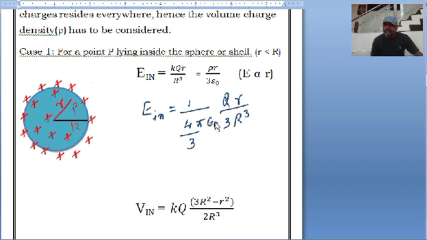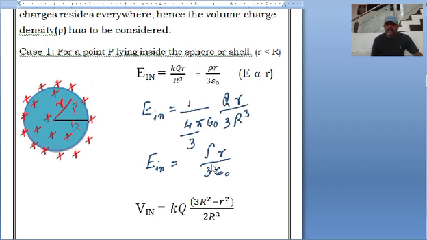Charge divided by volume is nothing but rho. So therefore electric field intensity E inside is equal to rho r divided by 3 epsilon naught.